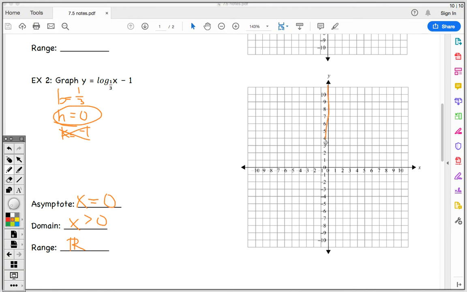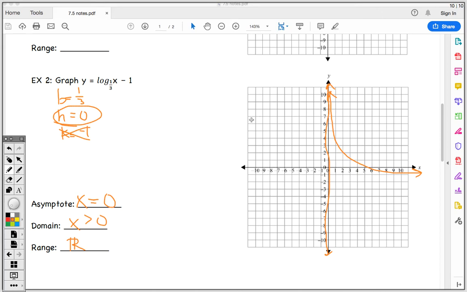So here's our asymptote. It's going to approach this, and it's going to go down and to the right. Everything is greater than 0. All of our range is all real numbers.